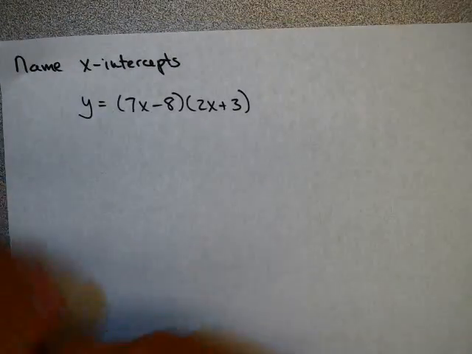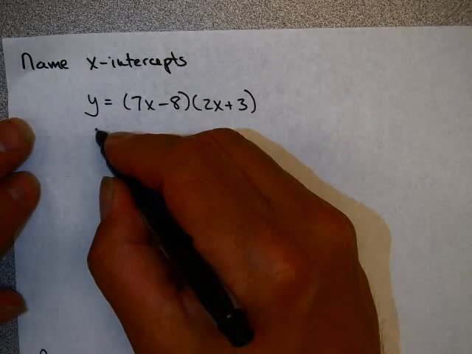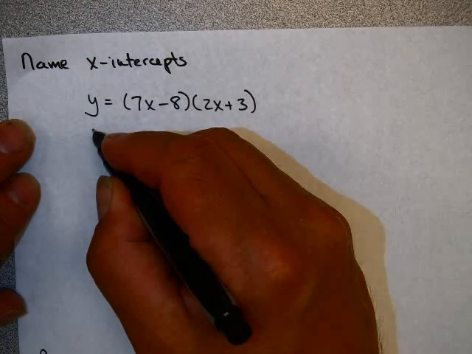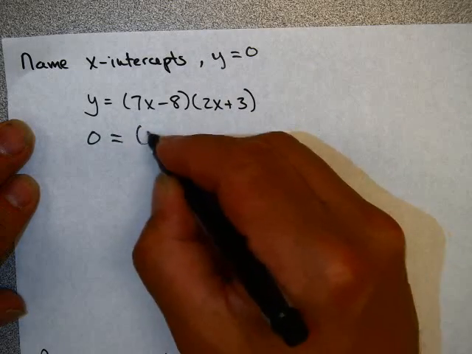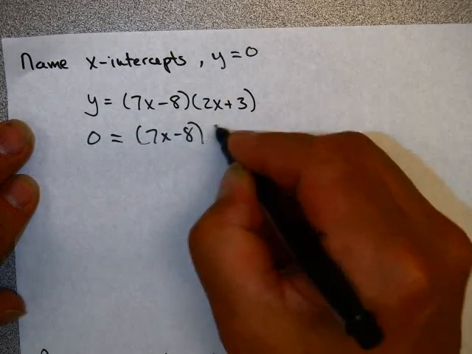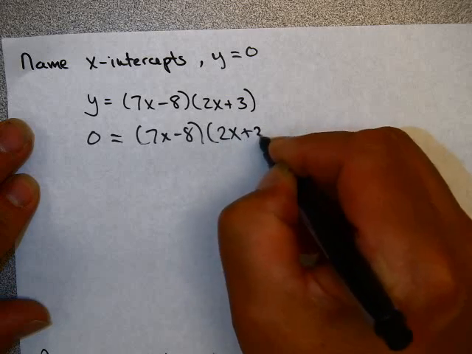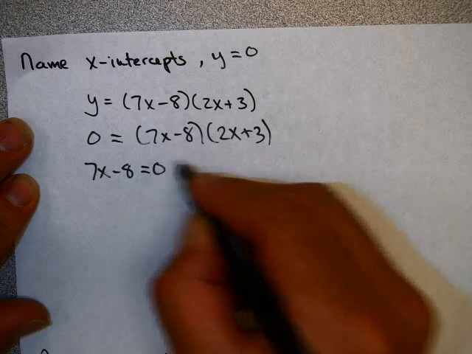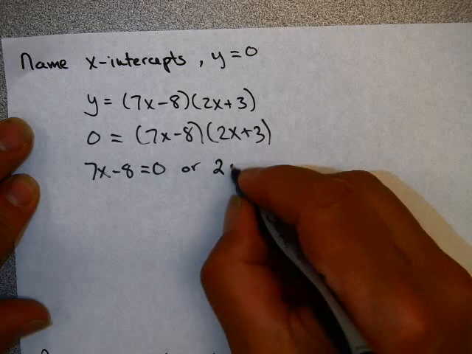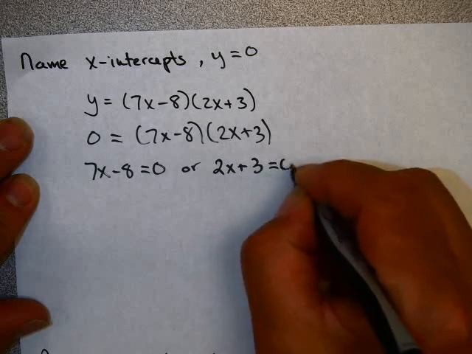So how would you name the x-intercepts of this? Remember, x-intercepts are when y equals 0. So I am going to set y equals 0 and just solve. That tells me that 7x minus 8 equals 0, or 2x plus 3 equals 0.